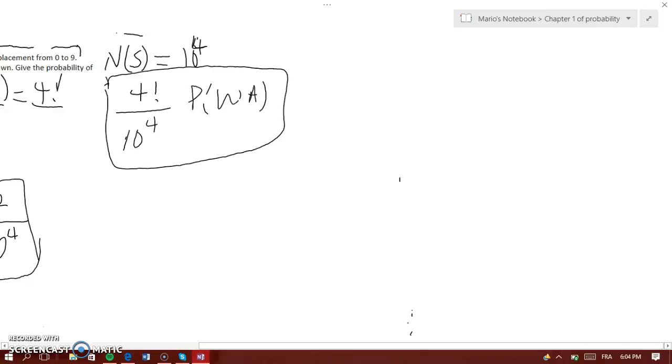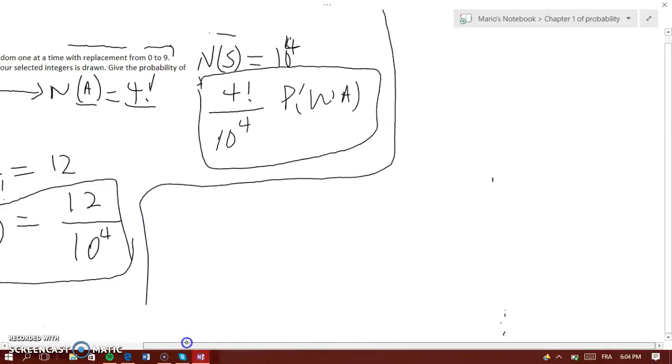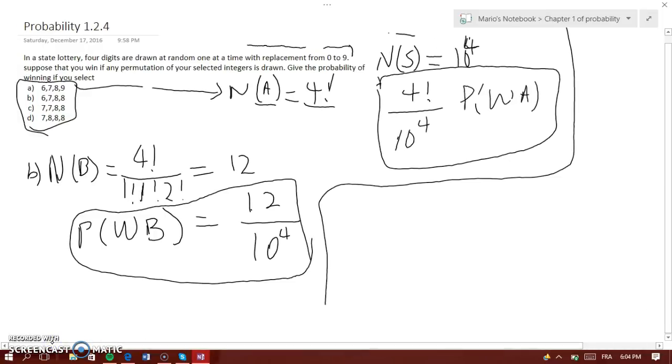Now let's go to C. C is talking about 7, 7, 8, 8. So the number for C is going to be again 4 factorial, because we have 4 numbers, divided by, this time we have 2 7s, so 2 factorial, times 2 8s, 2 factorial.